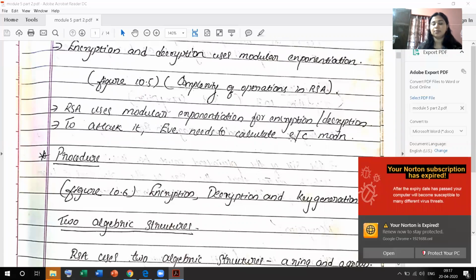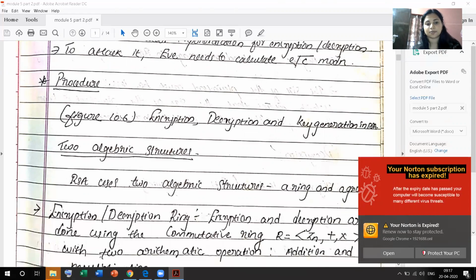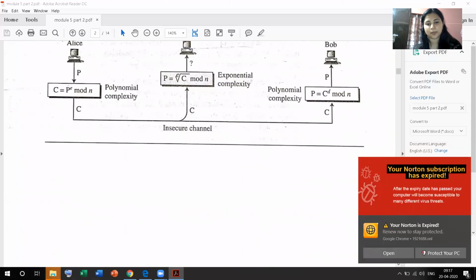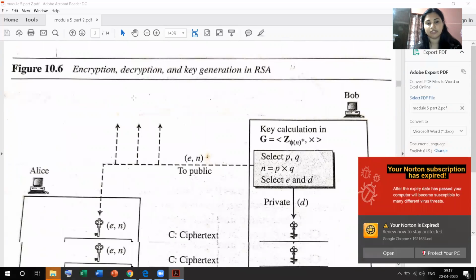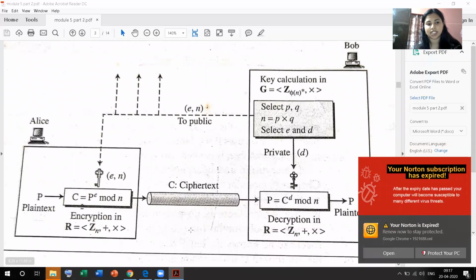In the procedure, there are three main procedures: encryption, decryption, and key generation. In the figure, this is the encryption side, that is the Alice side, and here the plain text is given, and by using the equation C is equal to P raised to E mod n, we do the encryption, using addition and multiplication.